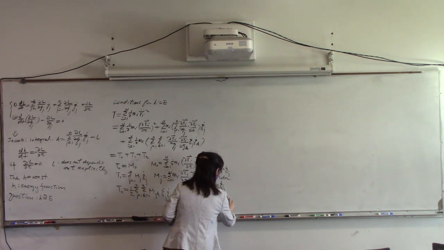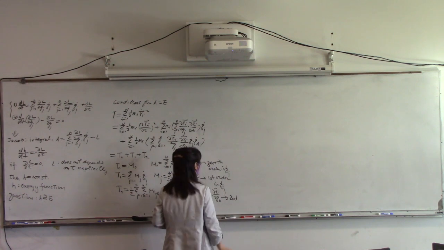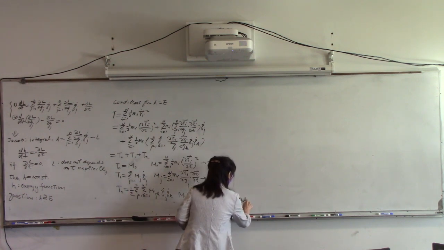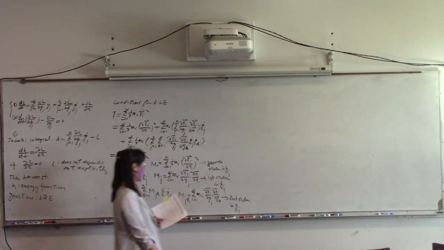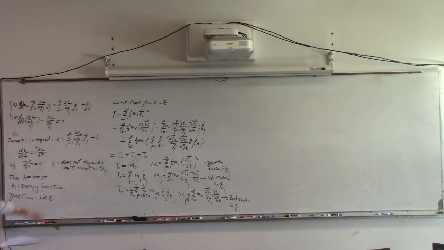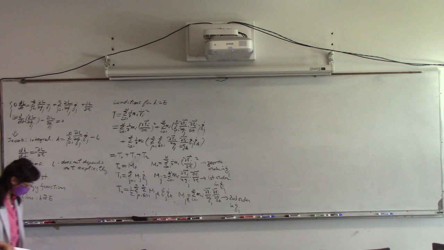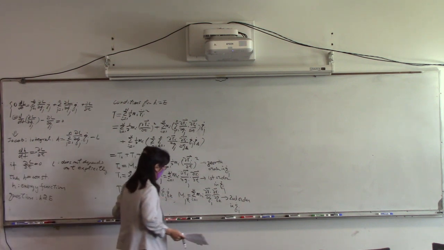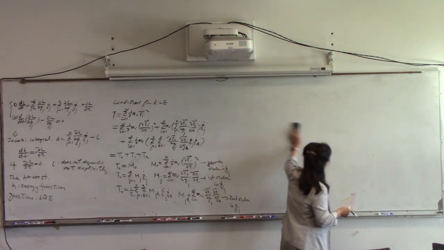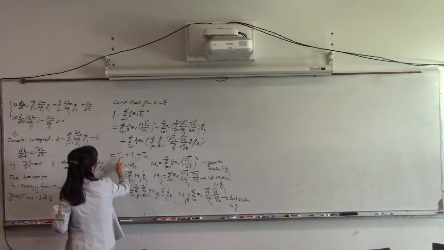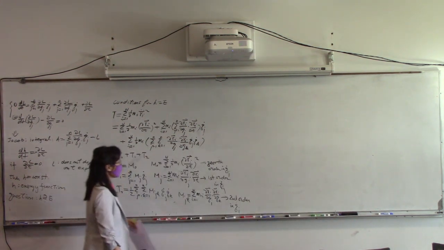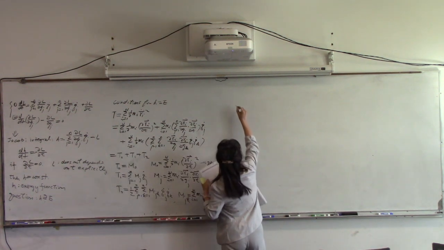So this one is second order in Qj dot. We just classify this by whether it is zeroth order, linear, or second order in the generalized velocity.